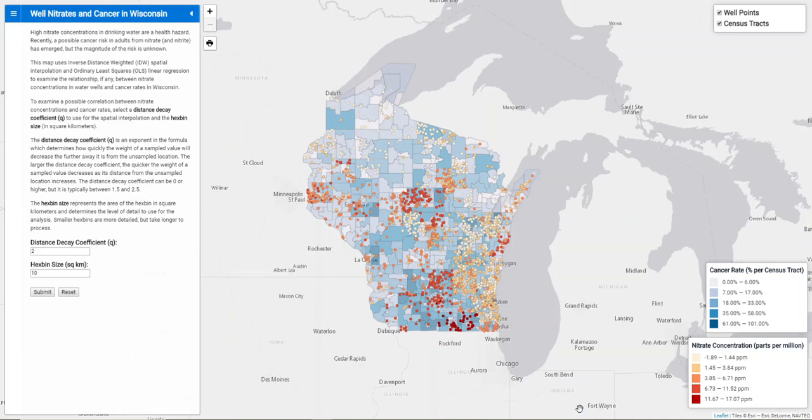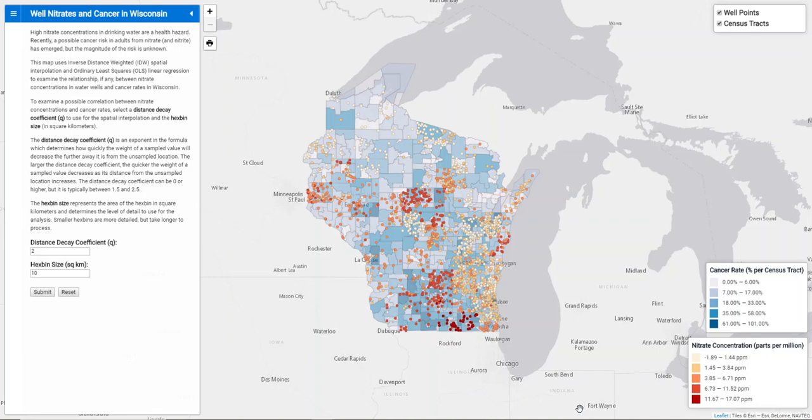To complete the analysis, I developed a Leaflet web mapping application that uses inverse distance weighted spatial interpolation and ordinary least squares linear regression to examine the relationship, if any, between nitrate concentrations in drinking water wells and cancer rates in Wisconsin. In order to perform any type of spatial interpolation, the data being interpolated should be spatially autocorrelated. This means that nearby features should have more similar values than distant features.